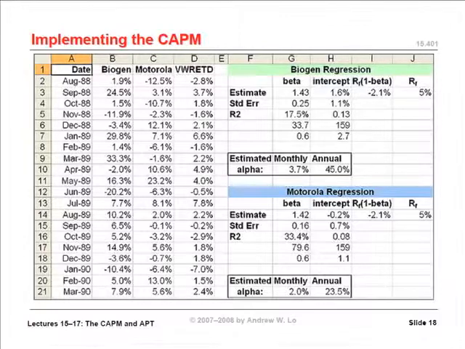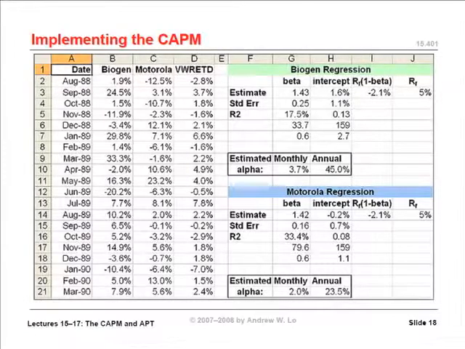So in other words, the alpha that we've estimated for Biogen using this CAPM regression is 3.7%, or on a monthly basis, 45% alpha. Biogen is an incredibly good buy according to the CAPM, if you believe the CAPM.